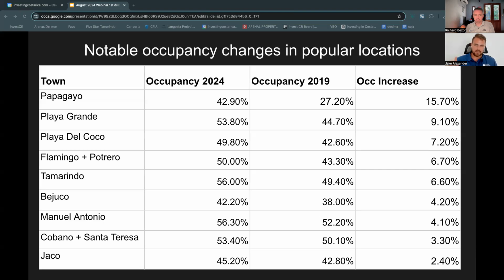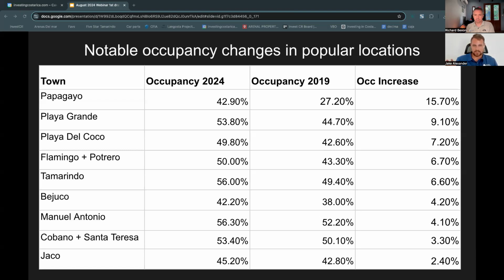And on the other end of the spectrum, when you look at places like Jaco, Manuel Antonio, Cobano, Santa Teresa, there's still growth. It is a little bit slower, but for a place like Manuel Antonio, it's an established, like you said, an older destination.